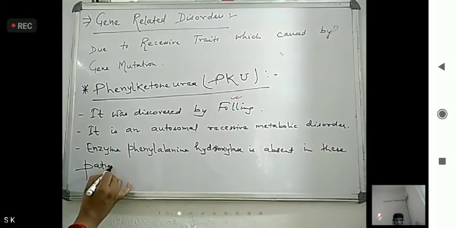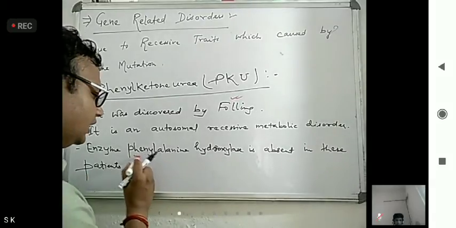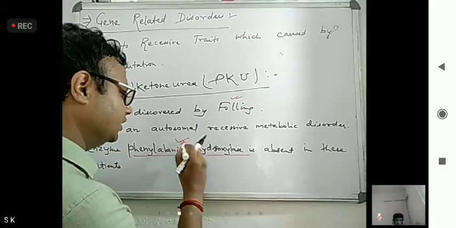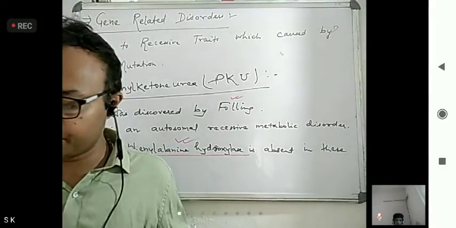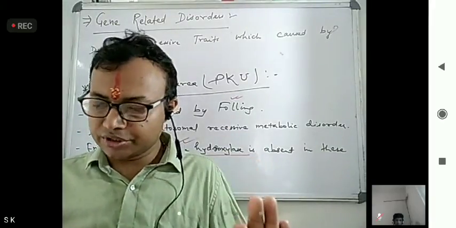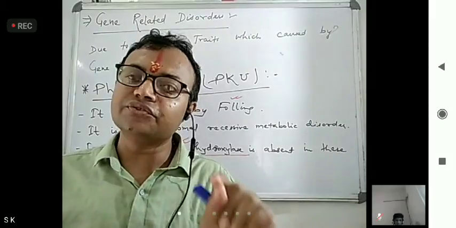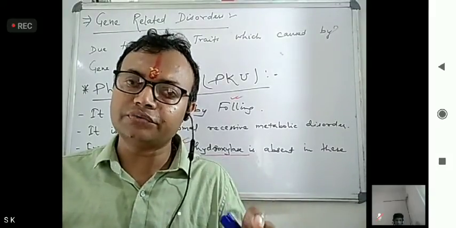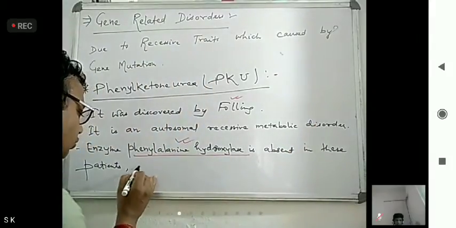In these patients, what happens? Phenylalanine hydroxylase enzyme is absent, and due to that, the amino acid phenylalanine is not converted into tyrosine. That is very important for excretion. Okay, so what happens?